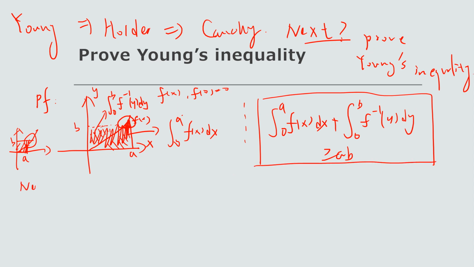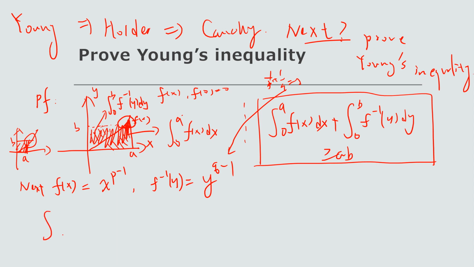Okay, next I just did the f of x to be, I guess it's x^(p-1). So in this case, f inverse y is just y^(q-1). This can be easily checked because once you let f of x to be this, if you solve the inverse, right, then you can change the 1 over p plus 1 over q to 1, change into this kind of form.